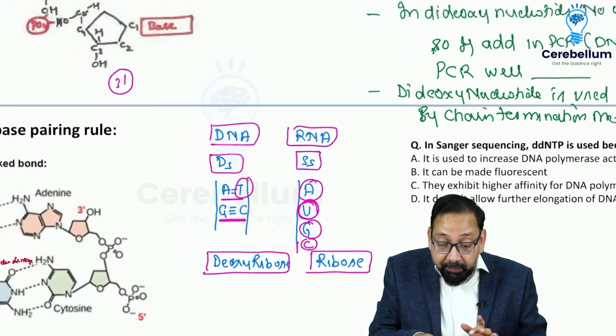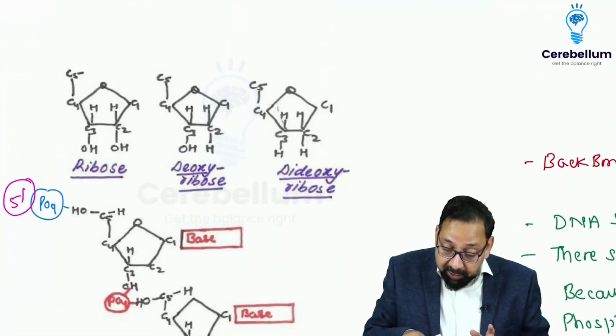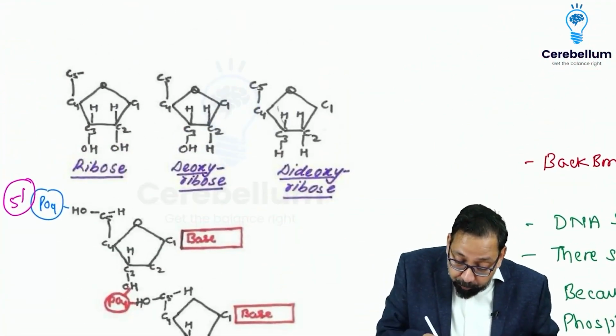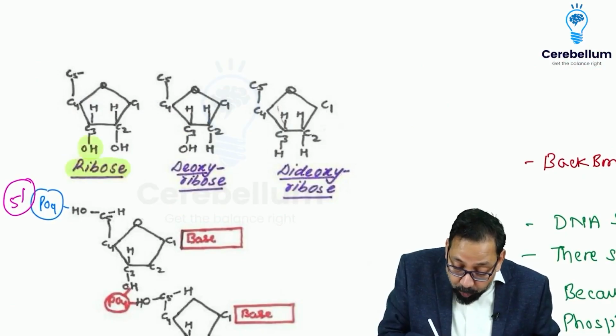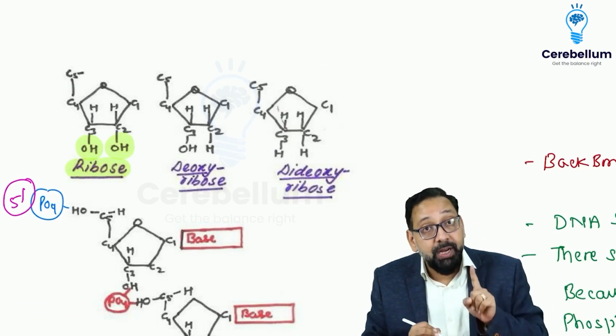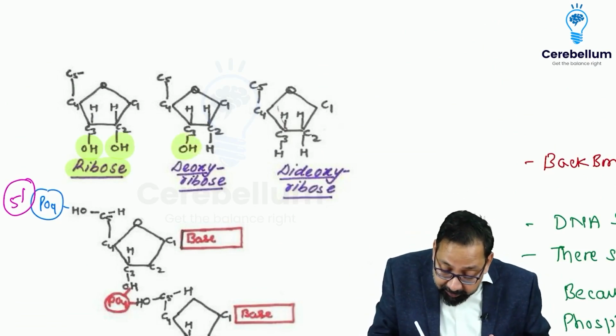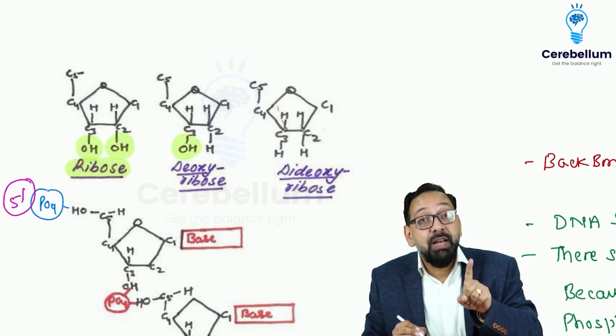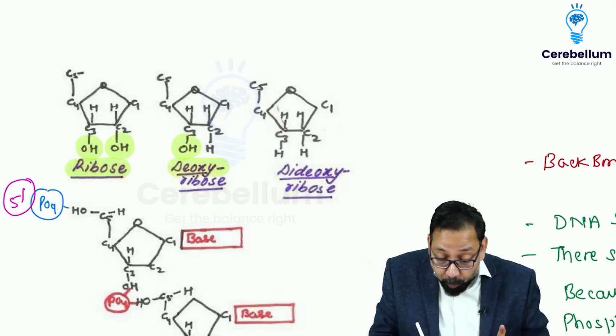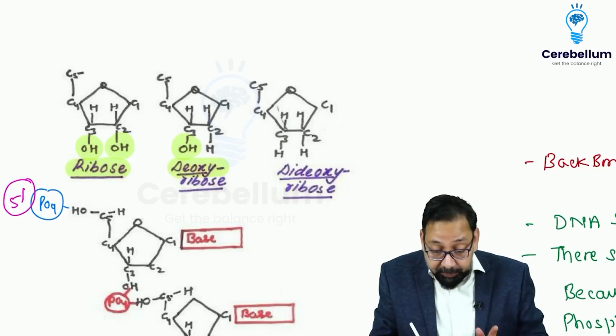So what is the difference between ribose and deoxyribose sugar? If you see the structure of ribose sugar, there is OH at C3 and OH at C2. In deoxyribose, OH is present at C3 but no oxygen at C2. Point it out: deoxy means removal of oxygen at C2.